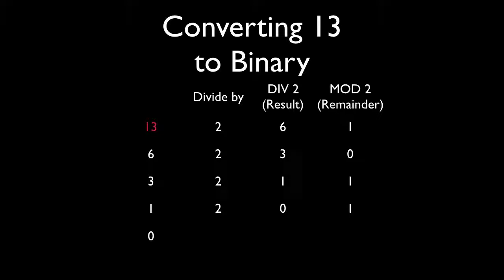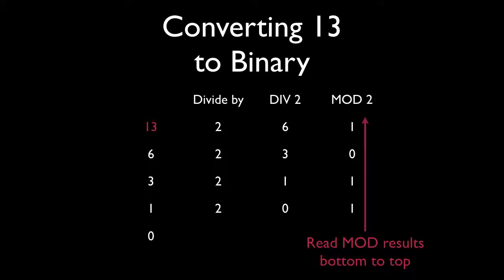When you're done, you know what the number is by reading the remainders backwards. So if you go back up and read 1, 1, 0, 1, you get 13. Everybody with me? I did that kind of fast. 13 divided by 2 is 6, remainder 1, put the 6 over here, divide it by 2, remainder 0, put the 3 over there, just like that. That's the way the book tells you to do it.